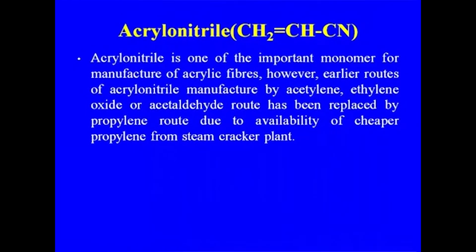The earlier routes of acrylonitrile manufacture were the acetylene route, the ethylene oxide route, or the acetaldehyde route, because from ethylene you can get ethylene oxide and acetaldehyde, and for ethylene the molasses route was there, and still we are manufacturing a lot of ethylene through the molasses route.